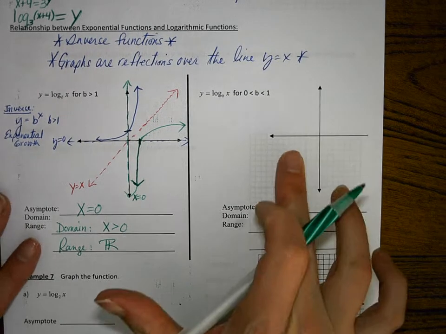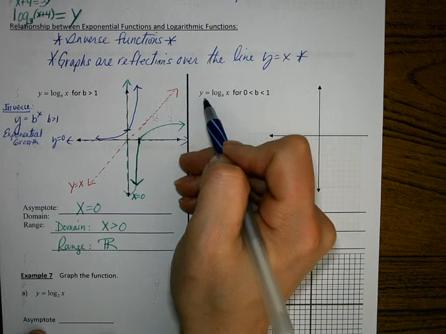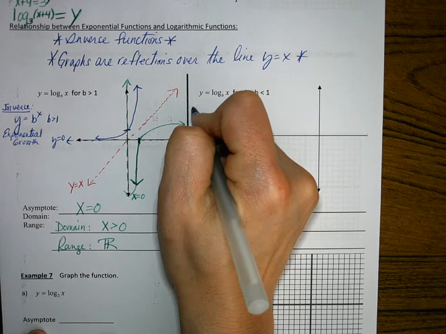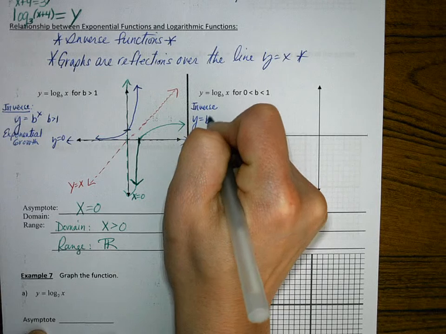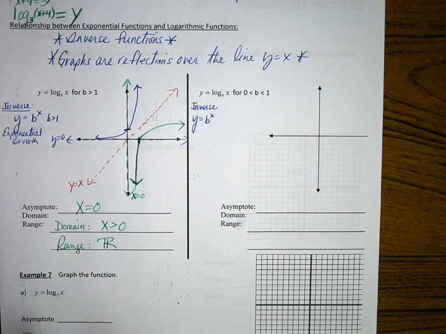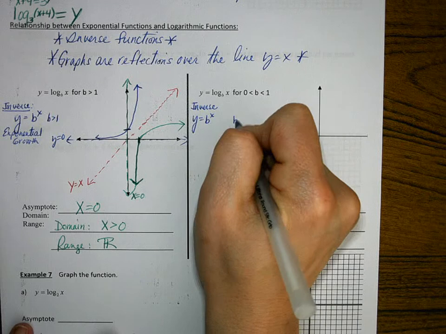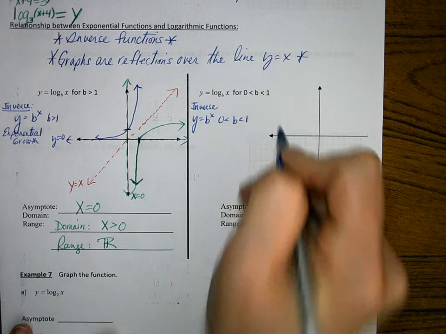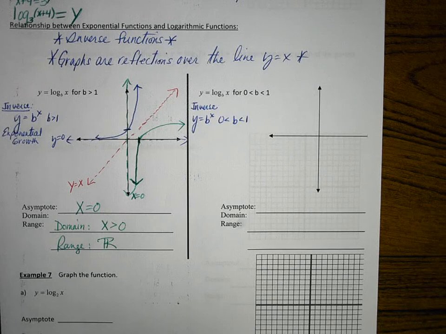Okay, now let's take a look over here. Thinking about this, log base b of x, we know that the inverse is going to be y is equal to b to the x. It was logarithmic, its inverse will be exponential. My b is going to be between 0 and 1. For my graph of y is equal to b to the x, what do I know about that graph if my b is between 0 and 1?